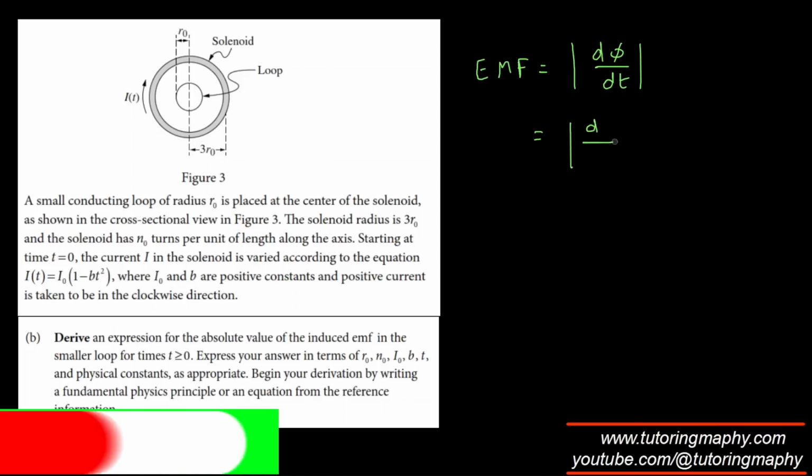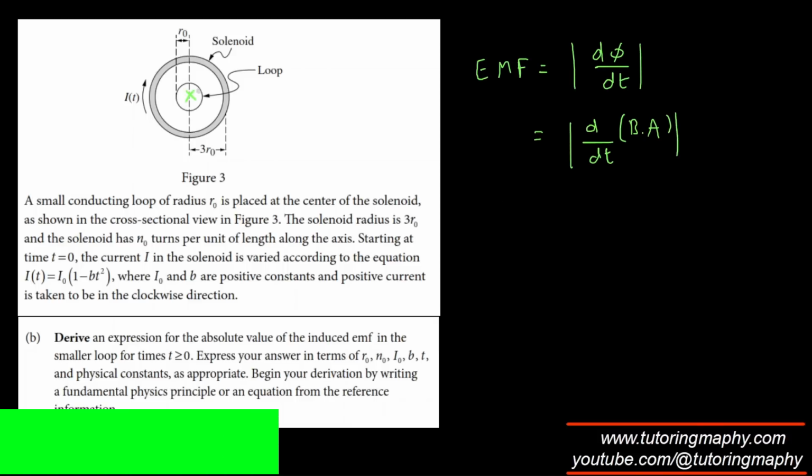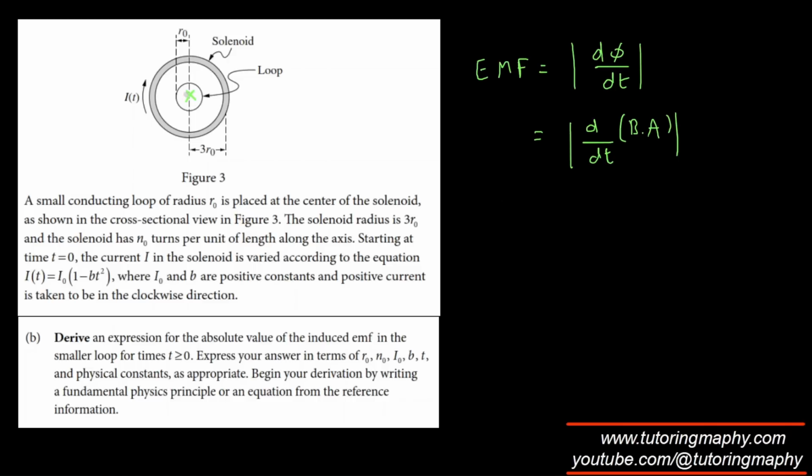We know that the flux is given by B dot A. In this case, the magnetic field, as we have already figured out, is pointing into the page, and the area vector is also pointing into the page. So the dot product will just be cos 0, because the angle between the magnetic field and the area vector is 0, and cos 0 is 1. So the dot product can be taken off, it's just BA.